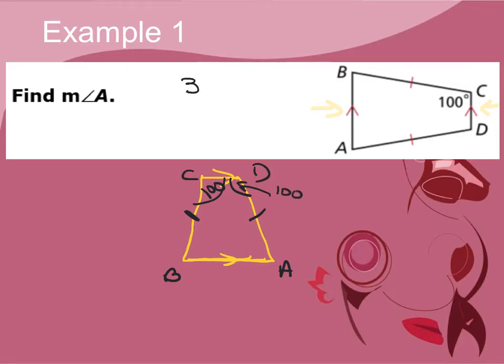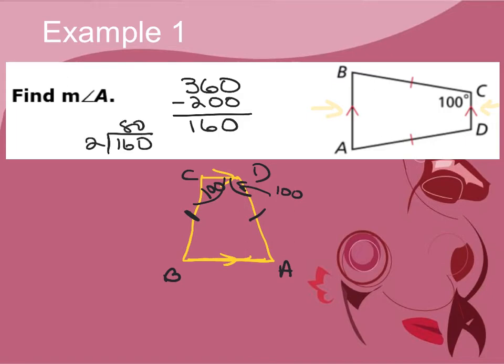I know that the sum of the angles in a quadrilateral is 360, so I could subtract the 2 that I have and get 160. That's how much I have left for A and B, divide it by 2, and each angle down here would be 80.